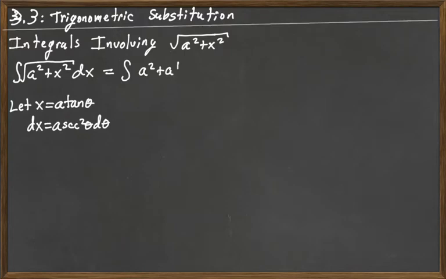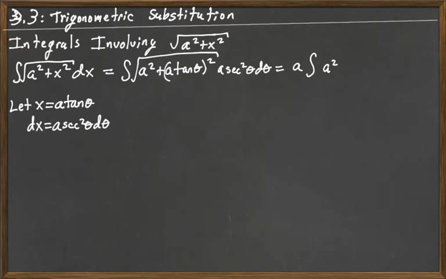Square root of a squared plus a tangent of theta quantity squared. And then the dx is a secant squared theta d theta. We can slide out the a from the a secant squared theta d theta, and then also factor out an a squared inside the radical, and so we have a integral of the square root of a squared times the quantity 1 plus tangent squared, and then times secant squared theta d theta.